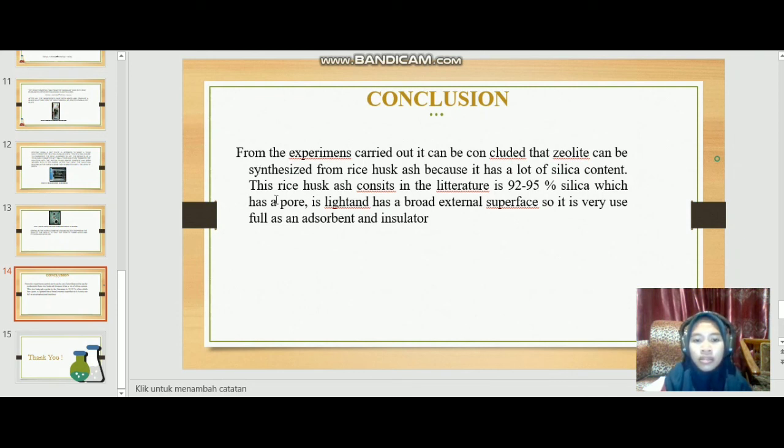According to the literature, rice husk ash consists of 92 to 95% silica, which has pores, has a broad external surface area, so it is very useful as an absorbent and insulator.